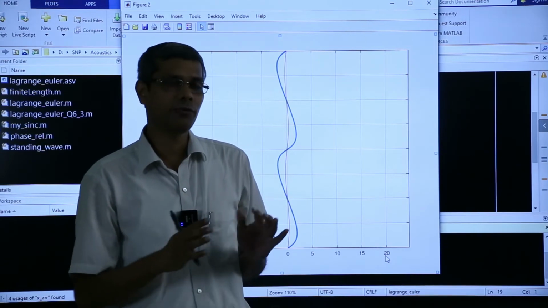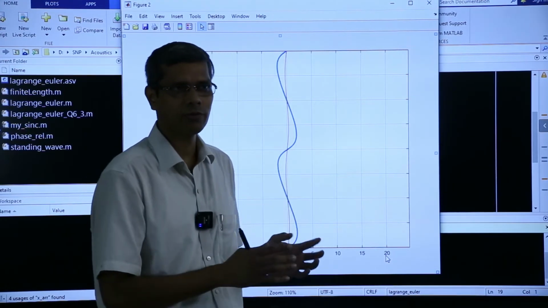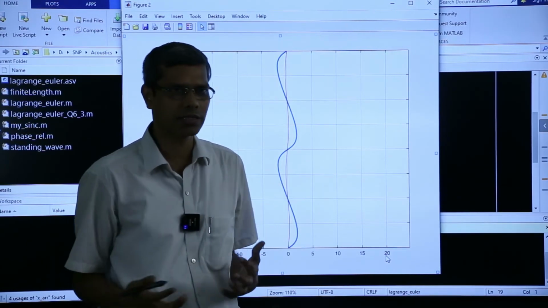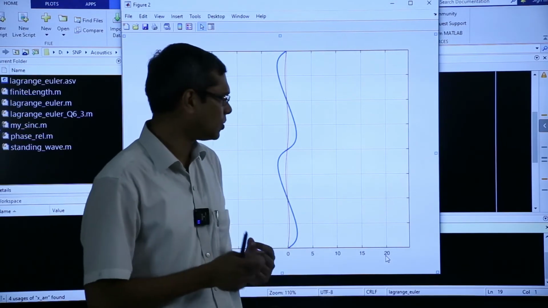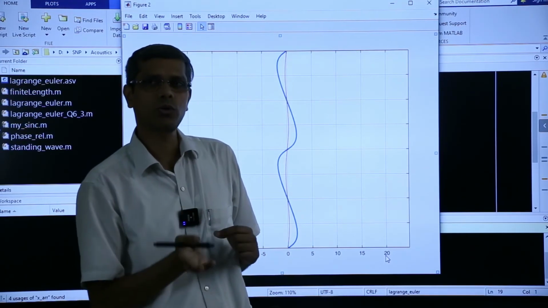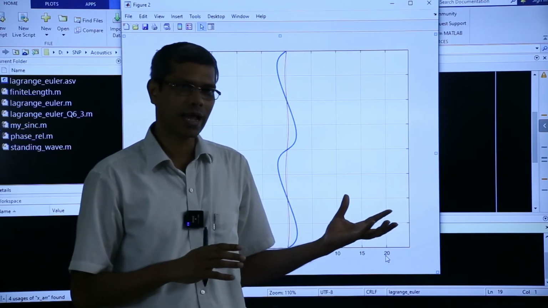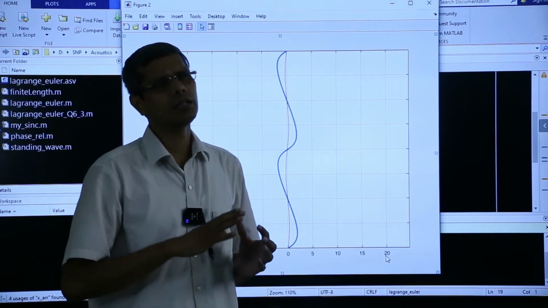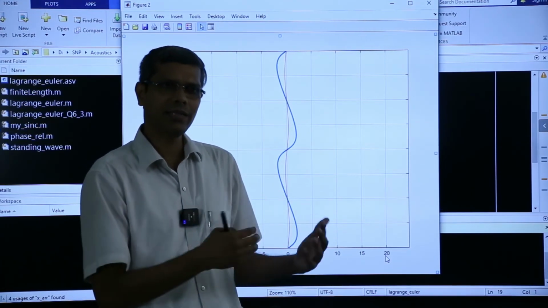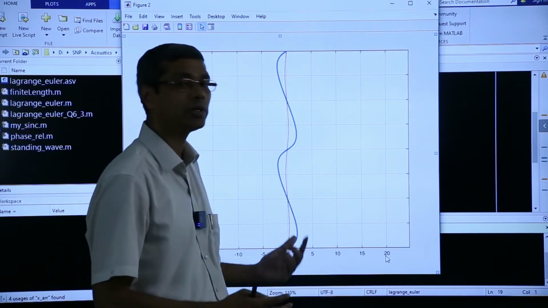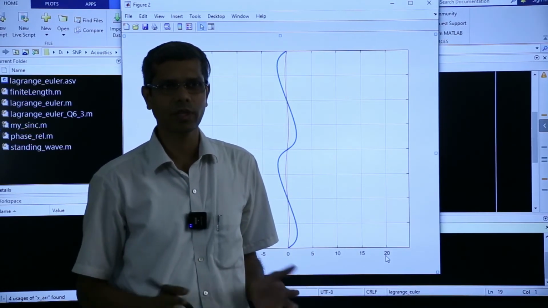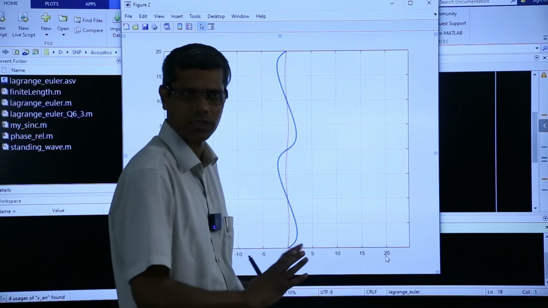But then if you want to use those data for your further prediction and calculations, you must know how to correct it to get the Lagrangian one, and you should also know whether you need this correction depending on the amplitude at which you are talking about. So that's the point of discussion of this segment.